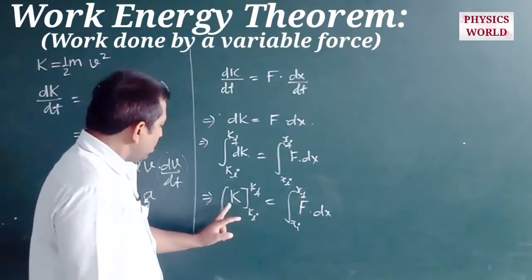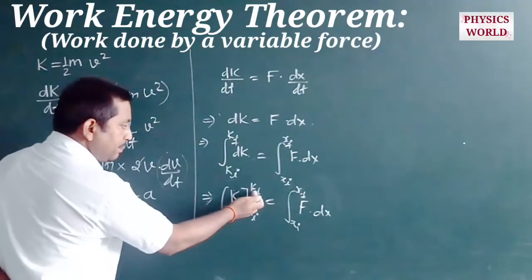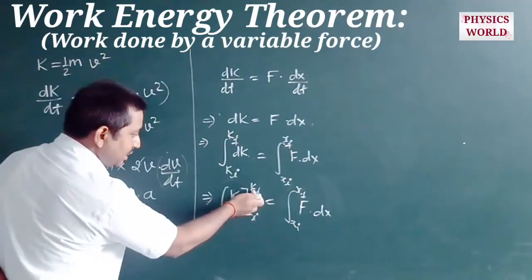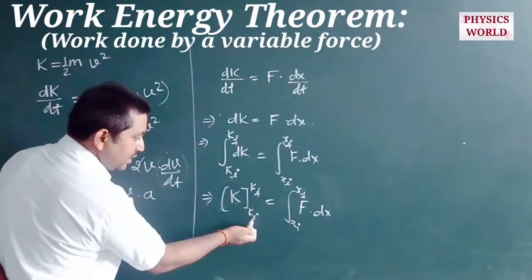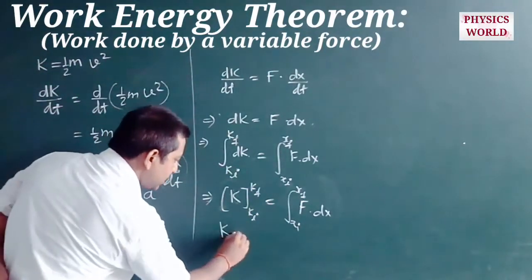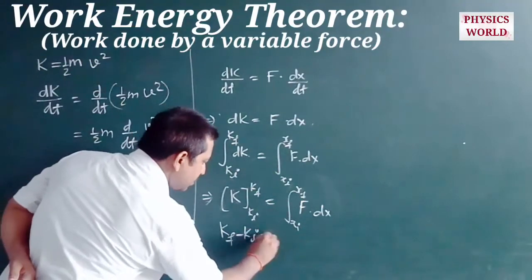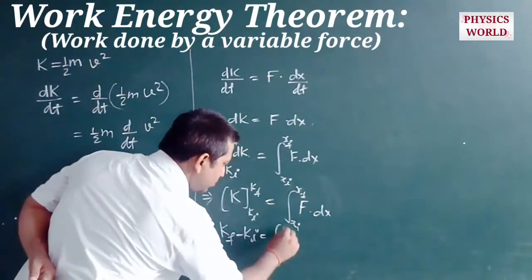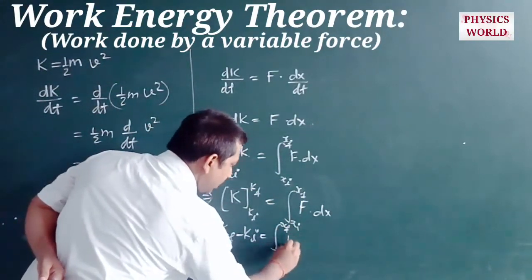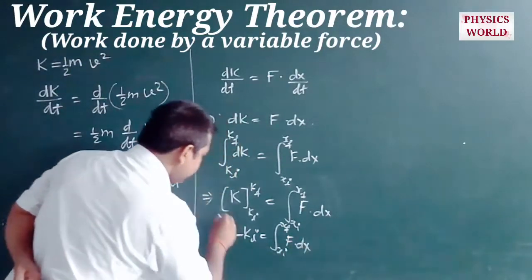If we put the upper limit Kf and subtract the lower limit, this becomes Kf minus Ki is equal to the integration from xi to xf of F dot dx.